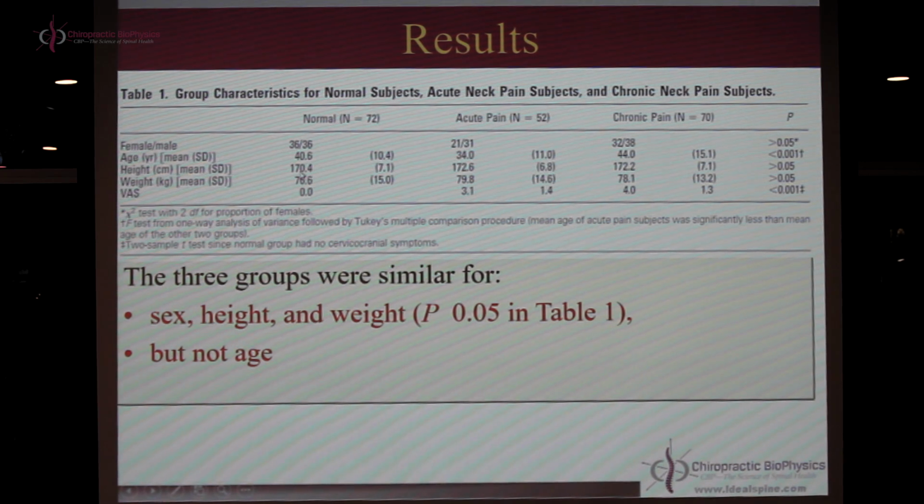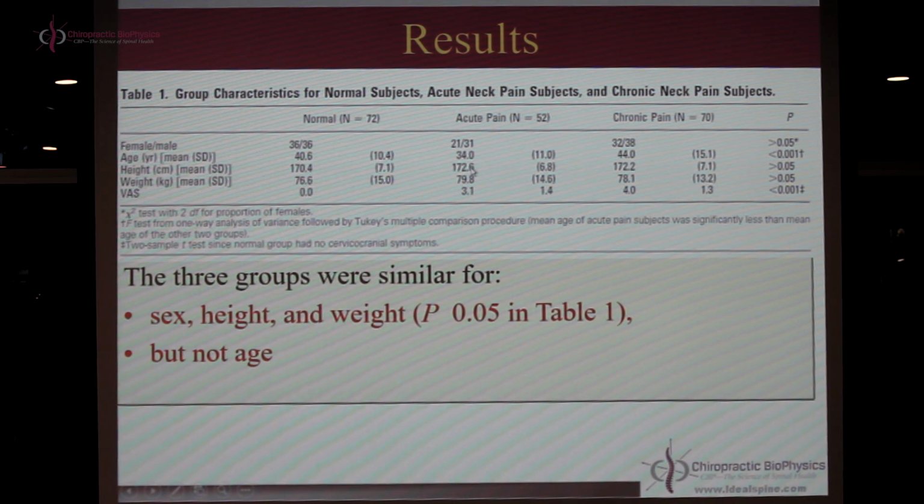Their height is 170 centimeters. Their weight is 76.6 kilograms, and they have no pain. They're actually a 0 out of 10 on a visual analog or numerical rating scale. Here's our acute pain. 21 female, 31 men, 34 years of age. So right away you can see that they're a little bit younger in terms of the age.